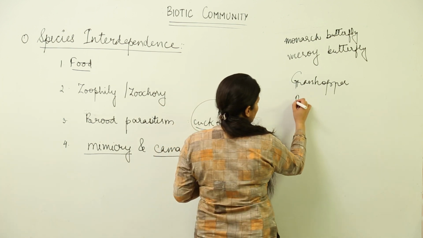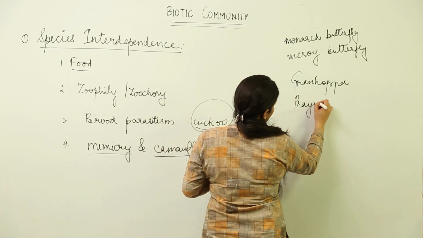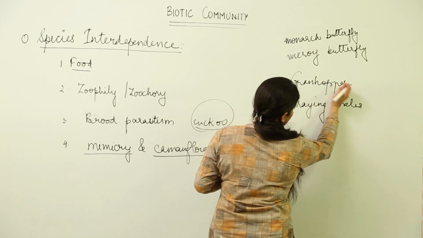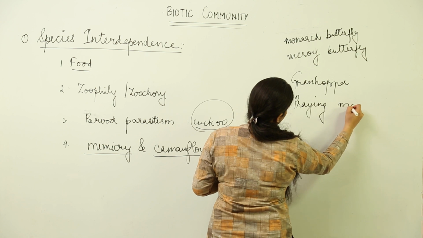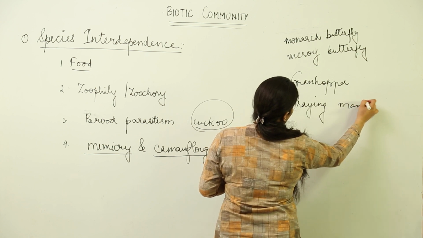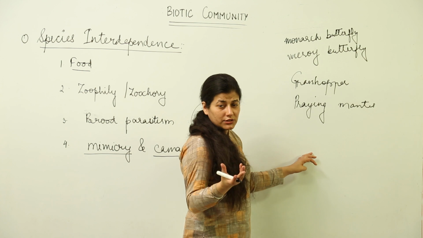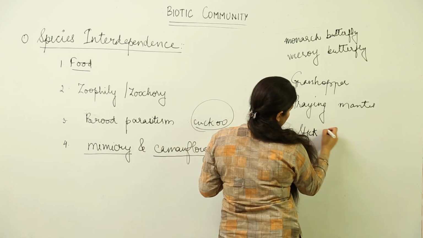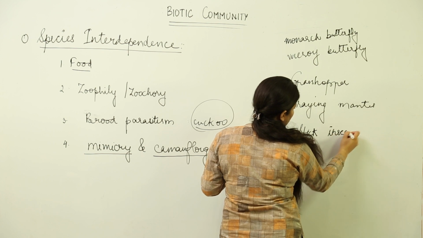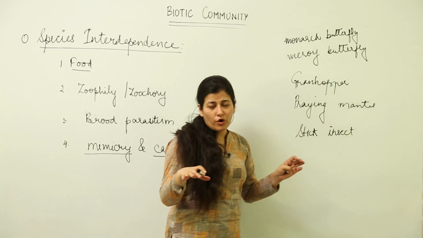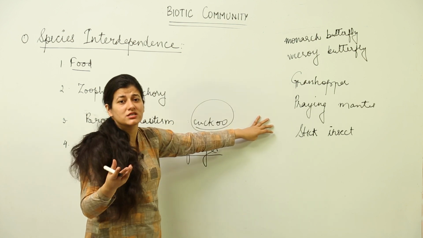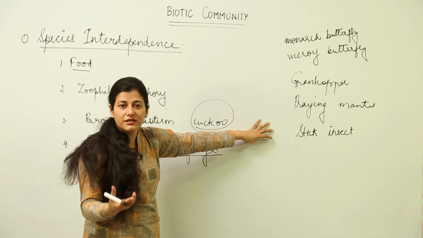Then you have the example of the praying mantis. Now, if this praying mantis is sitting in twigs and fallen leaves, you cannot distinguish which one is the mantis and which one is the dry leaf. Then we have the stick insect. It totally resembles the twigs, or thin dry sticks which fall down from the plants. So you have examples of camouflage. What is this? This is nothing but species interdependence.